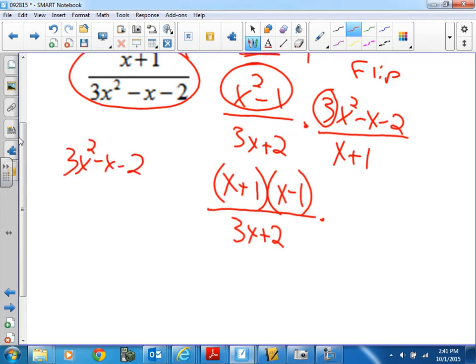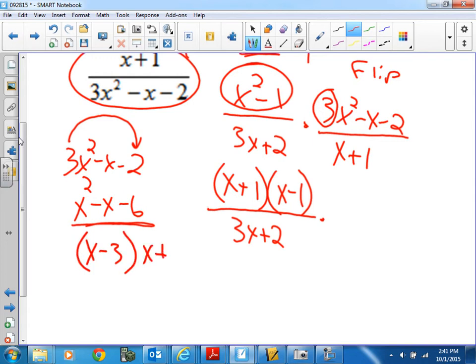If you were there for factoring when we did it probably 2 weeks ago, there's a method you could use called slide and divide. So we slide this over, multiply it by that. We end up with x squared minus x minus 6. Then we factor the resulting trinomial, which would end up being x minus 3 times x plus 2. Remember, you're looking for the numbers that multiply to give you negative 6 and add up to a negative 1. Those are negative 3 and positive 2.